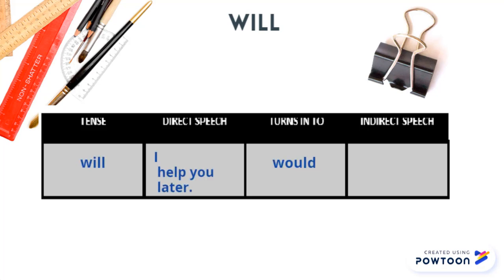Will, the direct speech turns into indirect speech. Will turns into would. Direct speech, I will help you later. Indirect speech, he said, that is in parentheses, he would help you later.